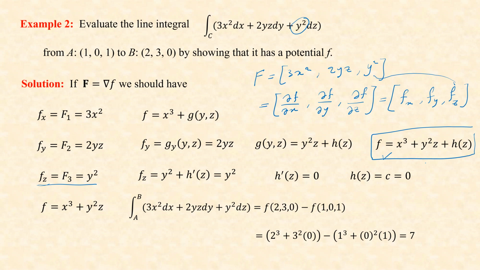What is the partial with respect to z here? This one doesn't have any z. This becomes y squared. That becomes h prime. So we say y squared plus h prime equals y squared. That's how h prime becomes 0. Did I answer your question? Yeah. All right. Any other questions? Still unclear?